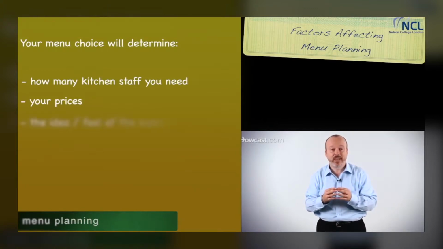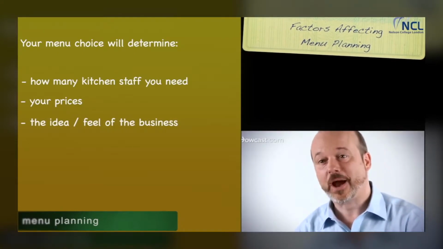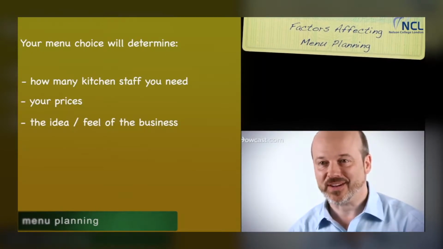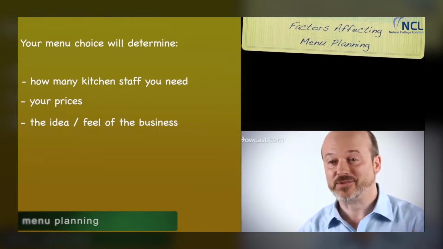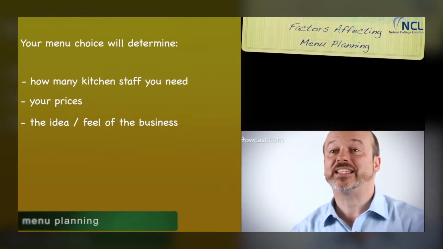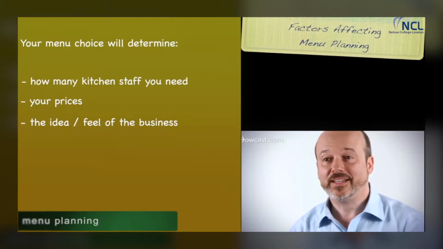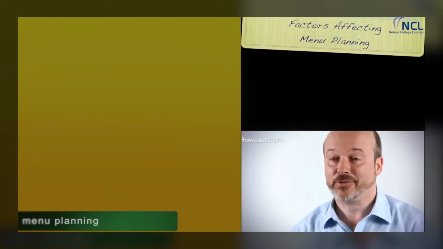It will determine how your business performs from the point of view of check average. How much is each person going to spend when they eat at your restaurant? And you have a lot of decisions to make when you plan your restaurant menu to make sure that it delivers what you want it to in terms of your idea, in terms of how you want the restaurant to feel for the guests and for your staff.